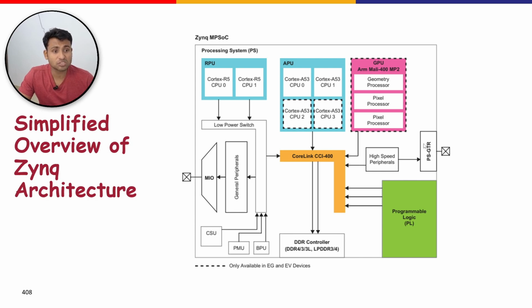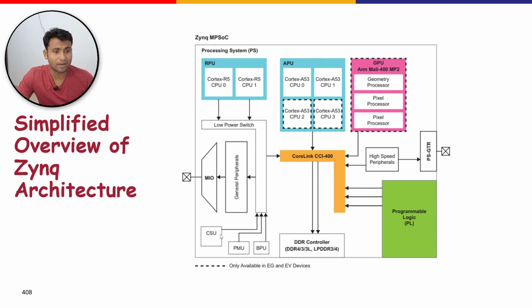There are many more resources within the PS than shown in this particular figure. The APU and RPU in themselves consist of additional interconnects, memories, interfaces, controllers, and other associated processing elements required. There is also a dedicated platform management unit, which you can see on the bottom here, and a configuration security unit.